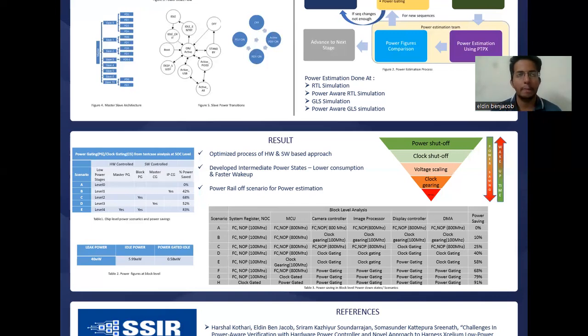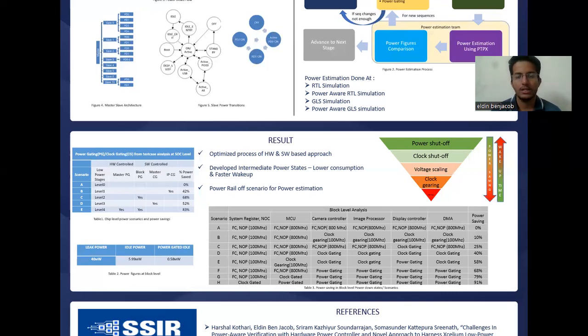Next, we have the power rail off scenario for power estimations. Earlier we used to take only the scenarios for power estimation under the RTL simulations.